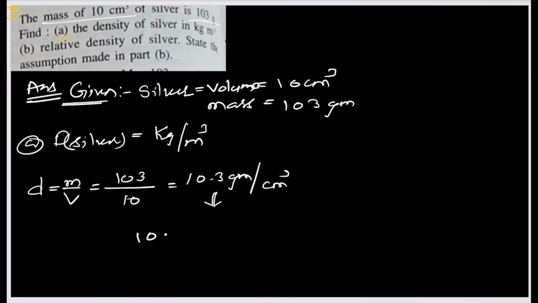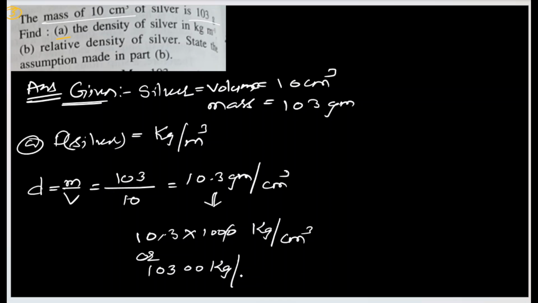So 10.3 into 1000, that is 10300 kg per meter cube. So this one is your answer. So density of silver Ag is this.